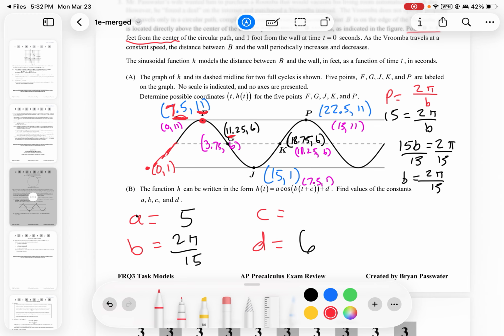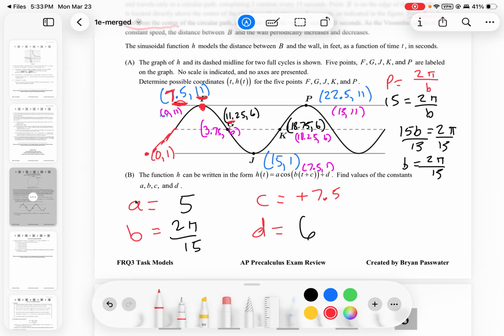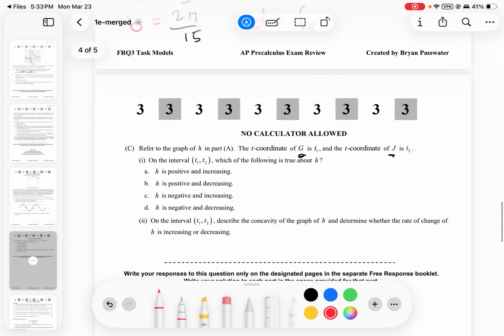Well, I guess it could be plus or minus 7.5, because if you also could go 7.5 to the left, you'd be back where you started. We're going to go with plus 7.5, because cosine should start at a maximum. Well, really? No, plus or minus. All right, we'll come back to that with the scoring guide.